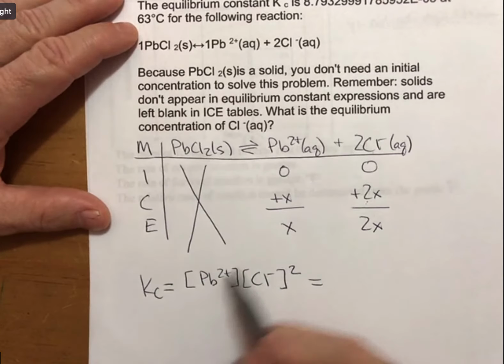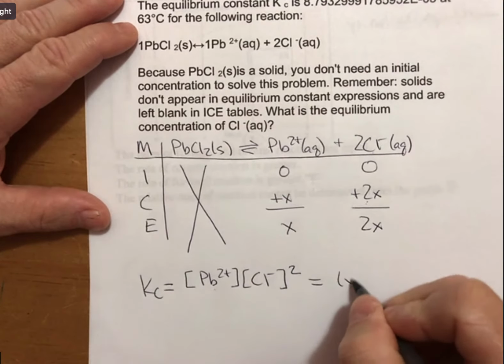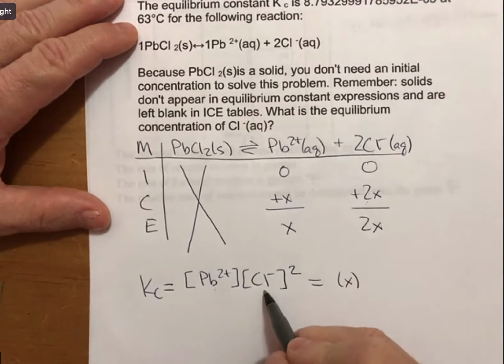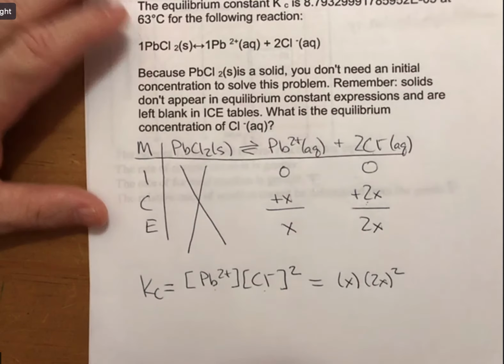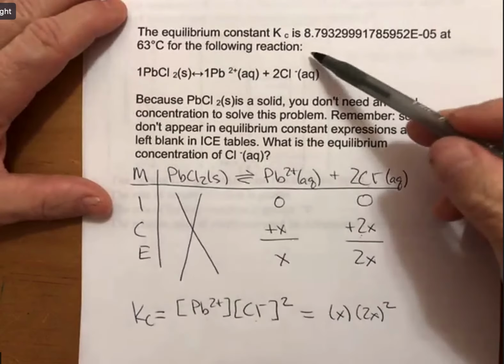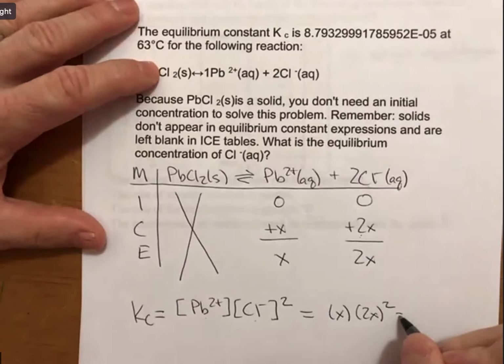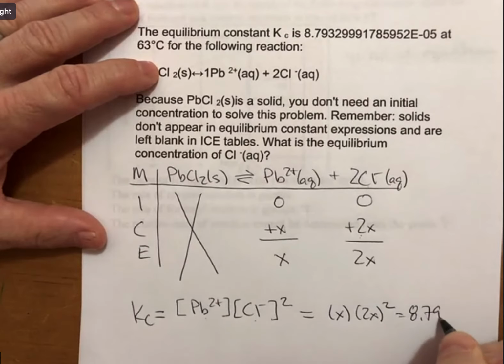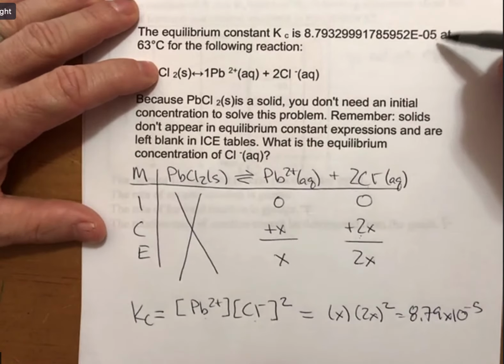We now know that our equilibrium concentration of lead 2 is just X, of chloride is 2X, and that is squared. And our value for Kc is 8.79 times 10 to the minus fifth.